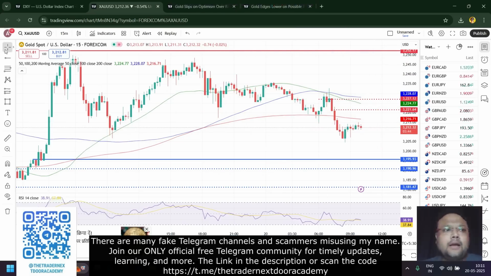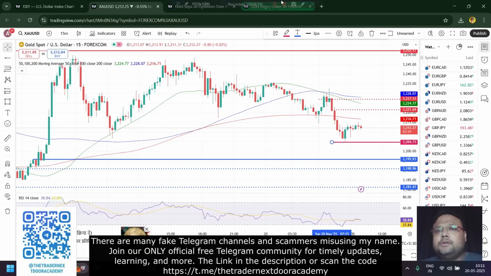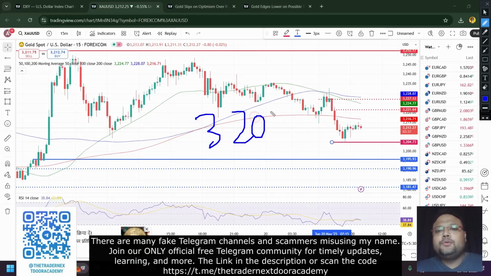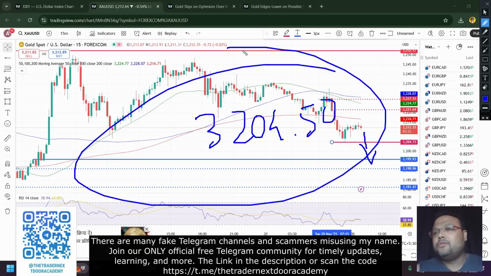And another risky sell is below 3204.50. If the market breaks this level, then you can go for a risky sell or scalp of 30-40 pips around this area as well. Be careful because after breaking this level, the market will be heading towards 3200, which is a round number.